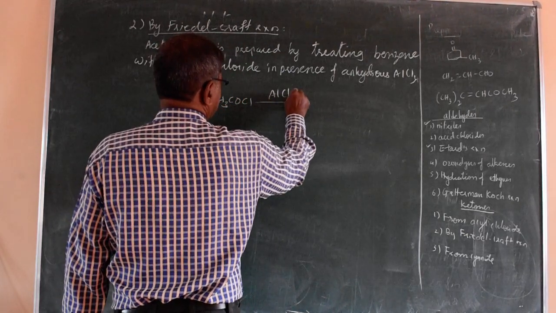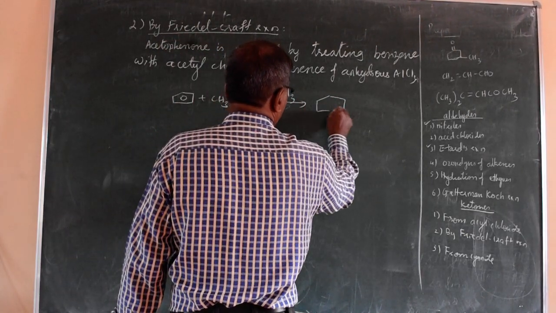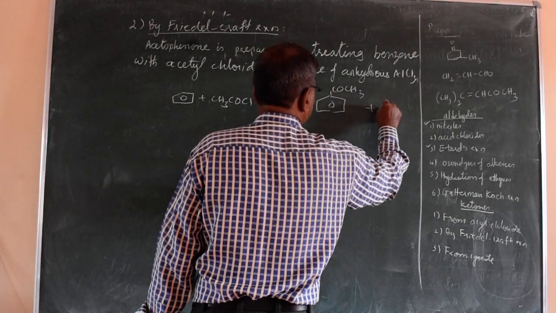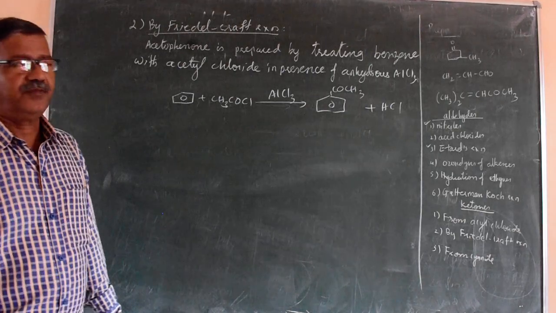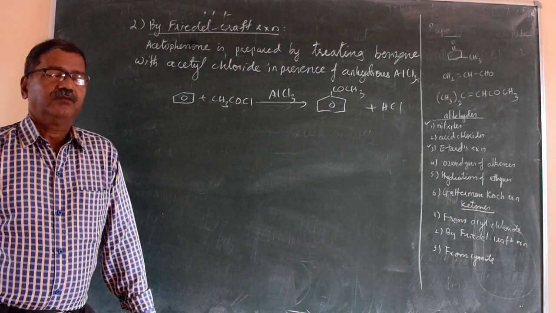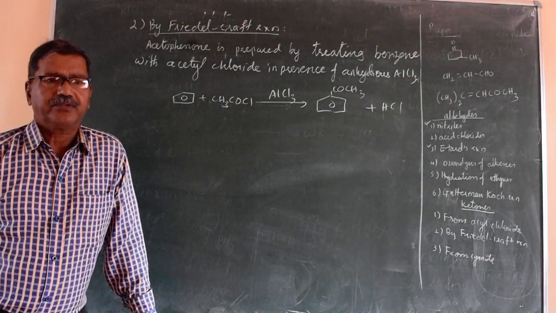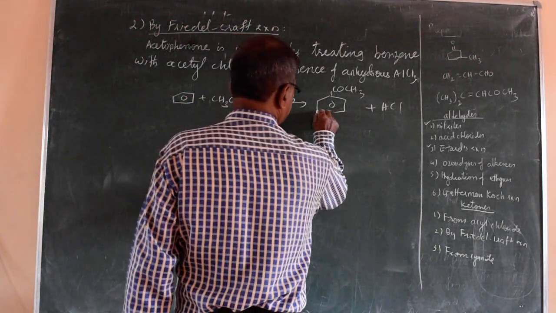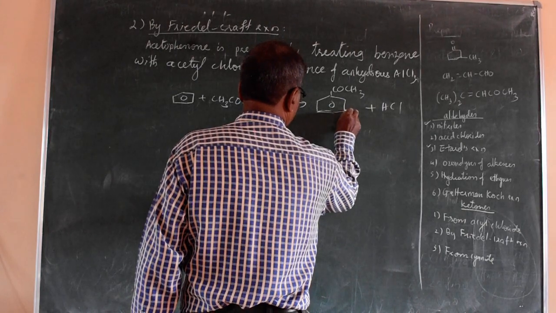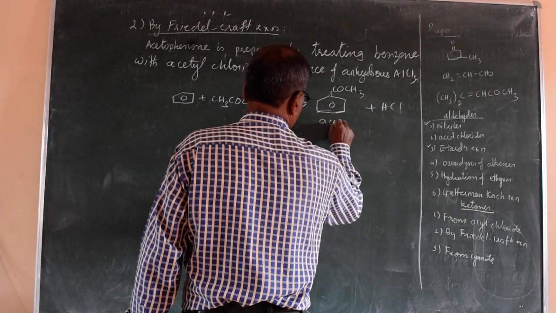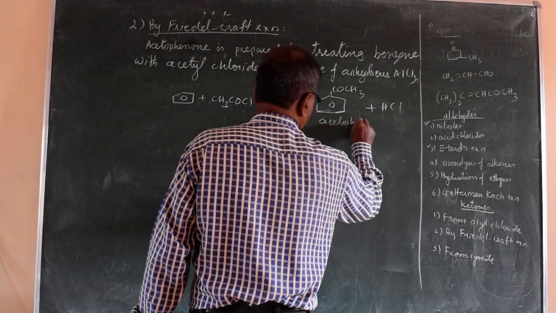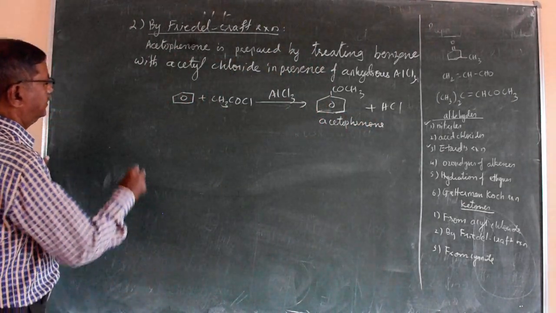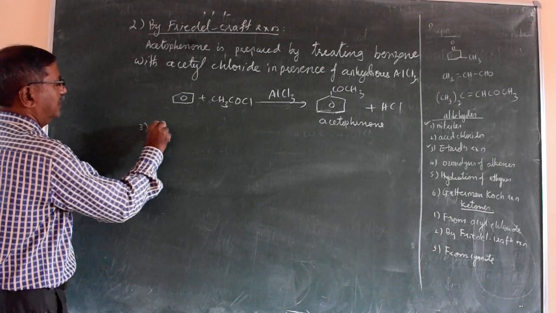The product is acetophenone, COCH3 and HCl. So this is the Friedel-Crafts reaction. You can also prepare ketones from cyanides or nitriles. So this is acetophenone. And the third method is from nitrile.